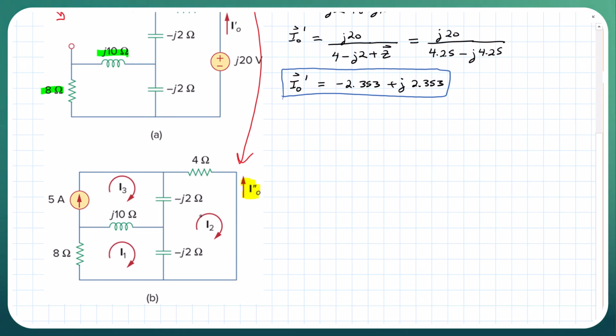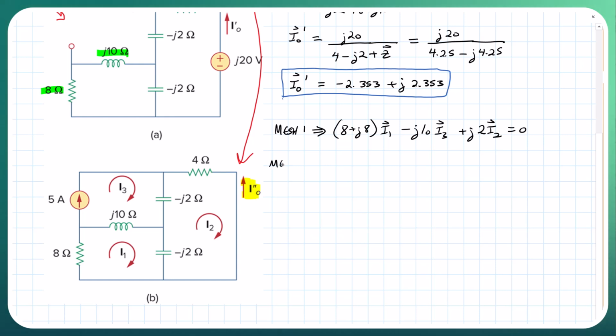It's similar to the previous example. We can look at mesh 1, and that's 8 plus j8 times I1 minus j10 I3 plus j2 I2 equal to 0.